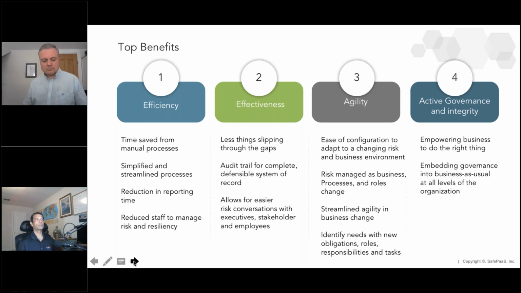So I think by unifying these key areas of your governance, which is how do you mitigate risk, how do you stay compliant with regulations and so forth, and then how do you control it, how do your internal controls work, really to provide that efficiency in governance, right?